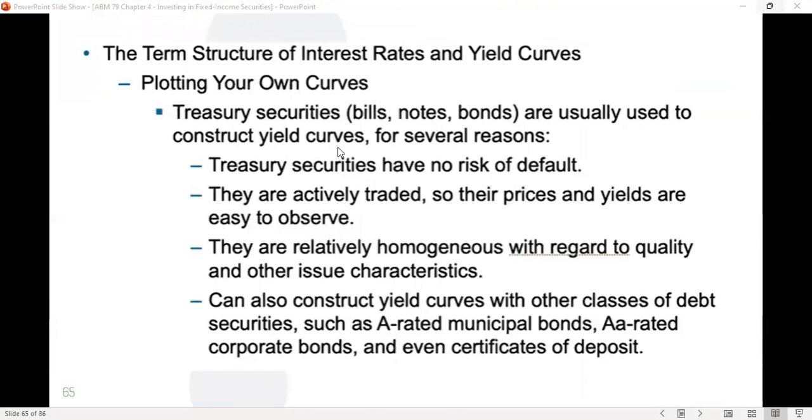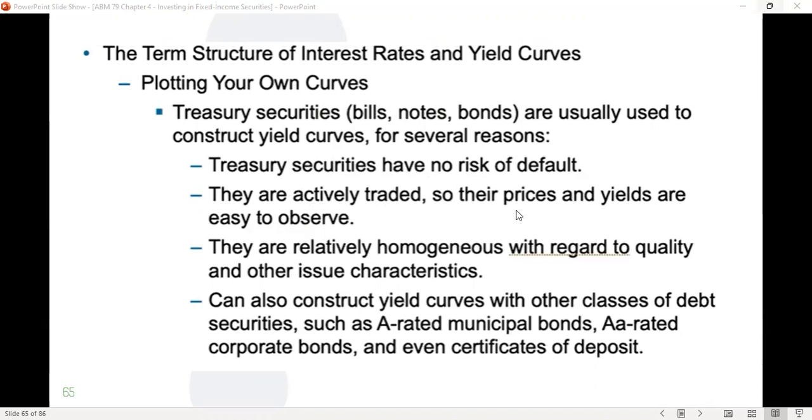So plotting your own curve. You need to plot your curve. So we have treasury securities. These could be bills, notes, bonds that are usually used to construct yield curves for several reasons. Treasury securities have no risk of default because these are fixed. First, they are exempt from taxes, being government securities.